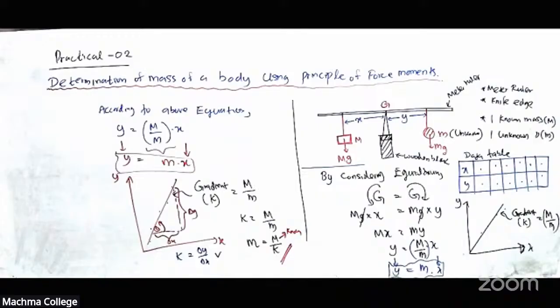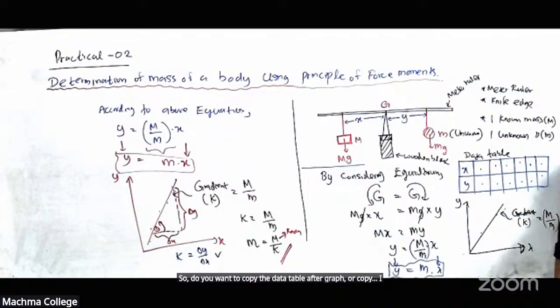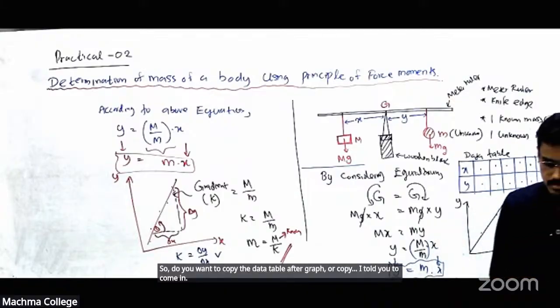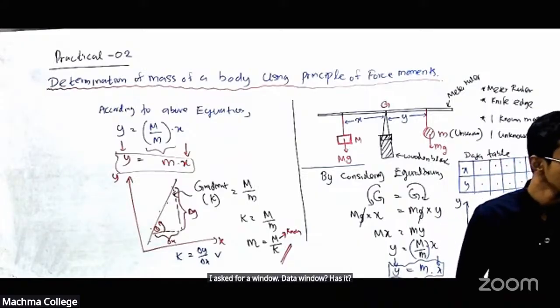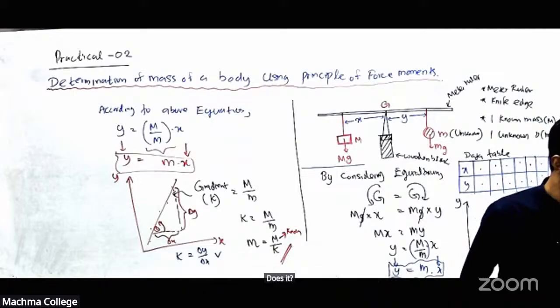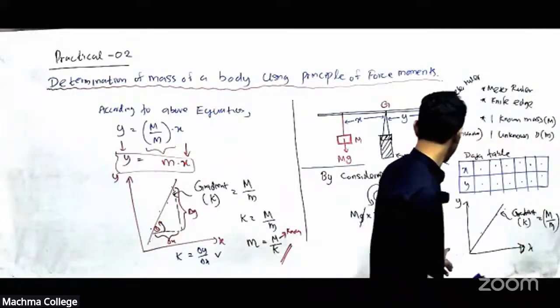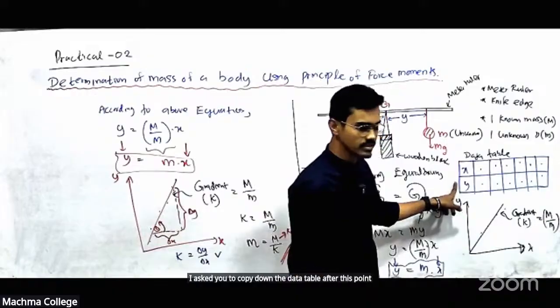So do you want to copy the data table after the graph? I told you to copy it down. I asked you to copy down the data table after this point, didn't I?